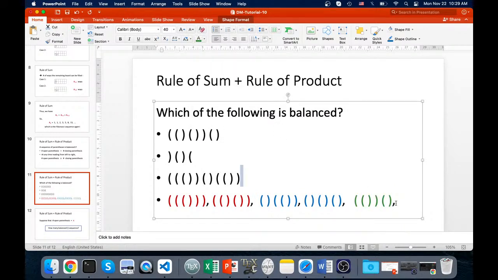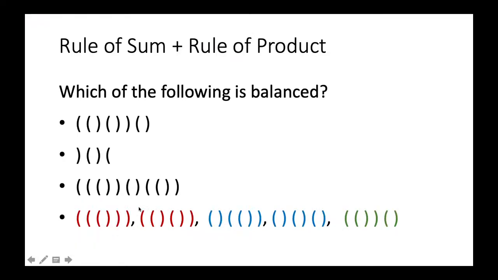Okay, now let me tell you how I'm classifying the parentheses. As we recall, every opening will have a matching closing. So the first opening must find some way to match in the sequence. So this opening is matched with the last closing. This opening is also matched with the last closing.